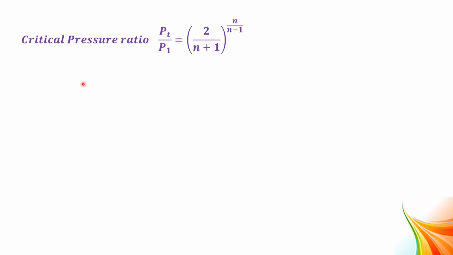Now we have to find out the throat pressure. For calculating the throat pressure, we have to know the critical pressure ratio. The equation for critical pressure ratio is Pt by P1 equal to (2 by n plus 1) the whole power n by n minus 1.